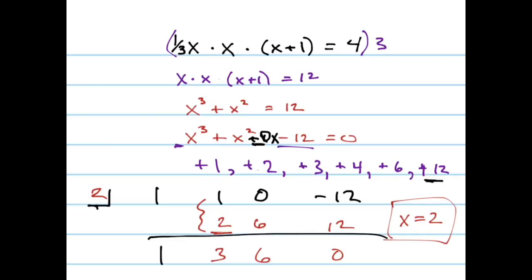Now we could check and see. We're left with x squared plus 3x plus 6. Those are our remaining coefficients. Is that factorable? Are there factors of 6 that add up to 3? No. We could do a quick check on the quadratic formula to see if there's other solutions.